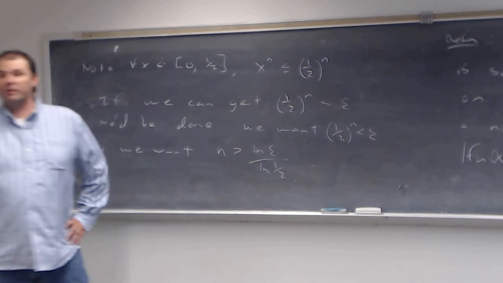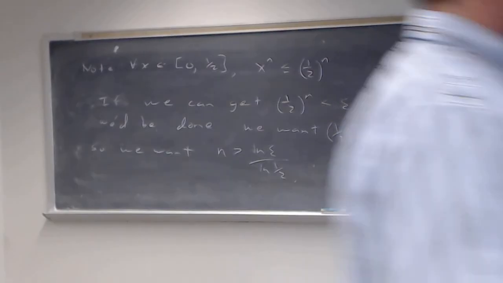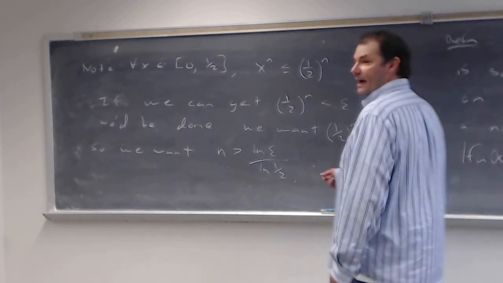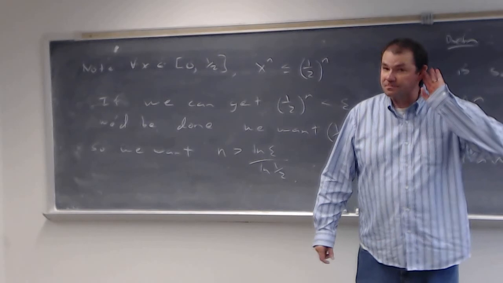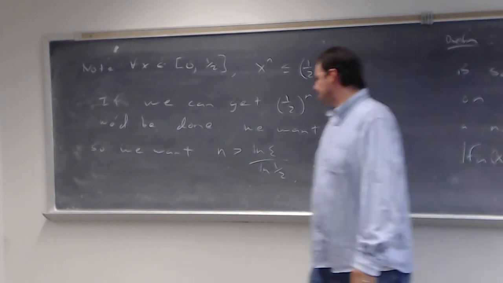That's the same work, okay? Exactly the same thing we did before. How do I know that there's an n, a natural number bigger than this ln of epsilon over ln of 1/2? Because of the Archimedean property. That's right.